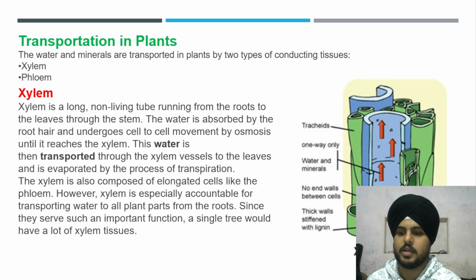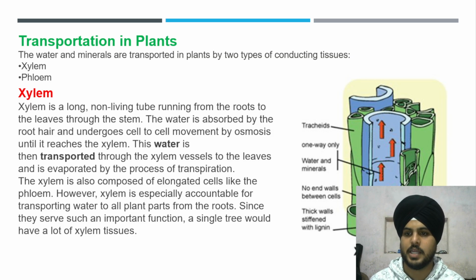See, here's the diagram of xylem. Xylem has different parts like tracheas. One way only; the xylem is the tissue where materials transport in one way, not in the other direction. They are mainly water and minerals which are absorbed by roots from the soil and transported to the whole plant.